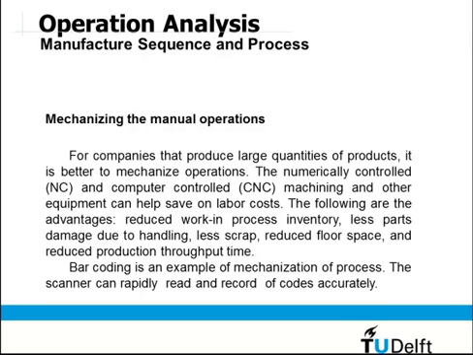There is a difference between the two machines. Machines and other equipment can help save on labor cost, because if there is much labor, we can reduce the labor and save on labor costs due to changing the manual operations in production of large quantities of products.